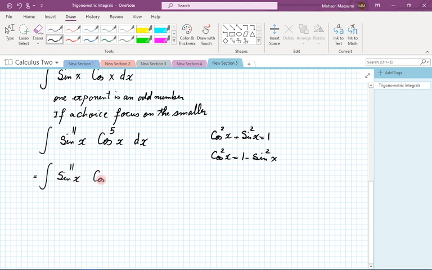I separate a single cosine out, and the remaining cosines are written as 1 minus sine squared of x. That's for cosine squared. This is cosine to power of 4, so I need to square this. Then cosine of x dx.